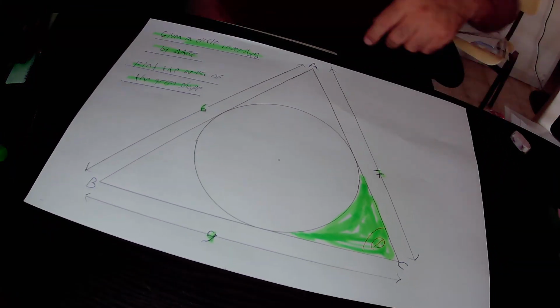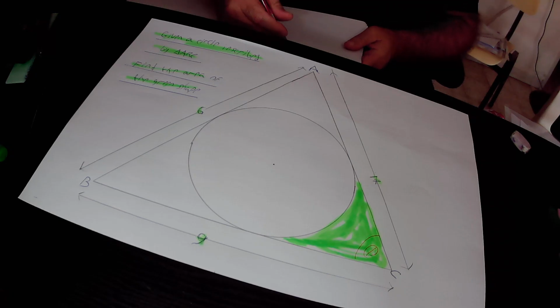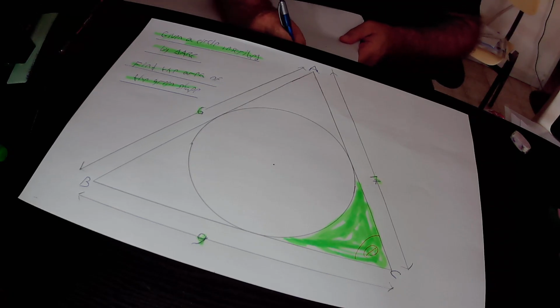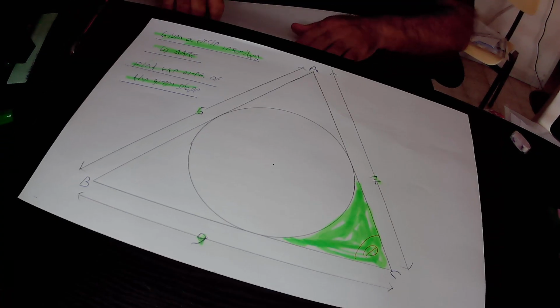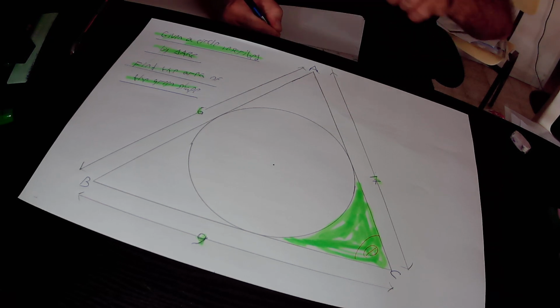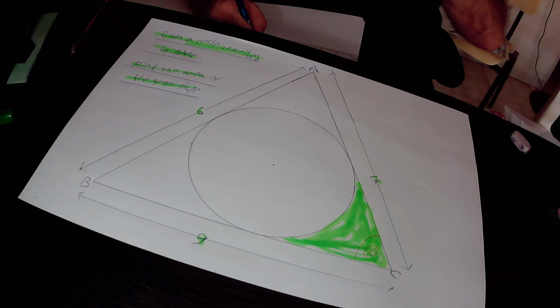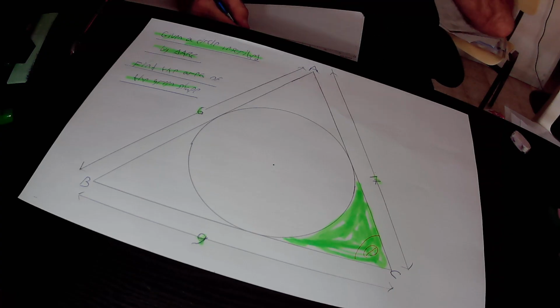According to the law of cosines, in our drawing we get that cosine theta equals 7 squared plus 9 squared minus 6 squared over 2 times 7 times 9.